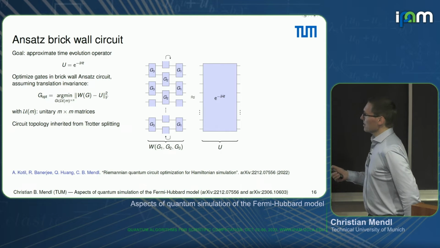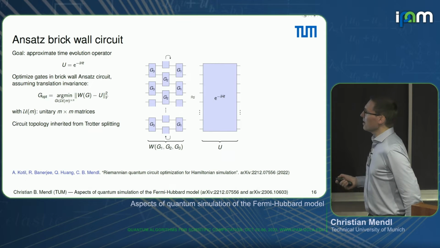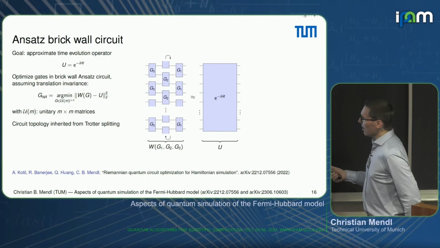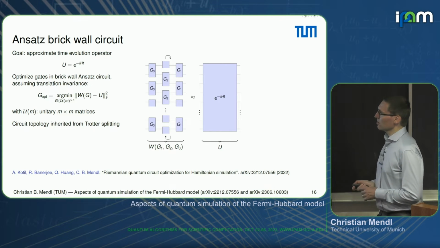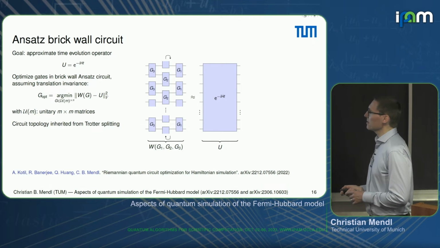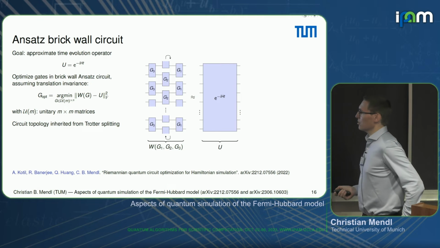Let's say we have this exact time evolution operator in this right box, and we use a brick wall ansatz circuit, this kind of circuit layout consisting of 2-qubit gates, to approximate as well as possible this true time evolution operator.